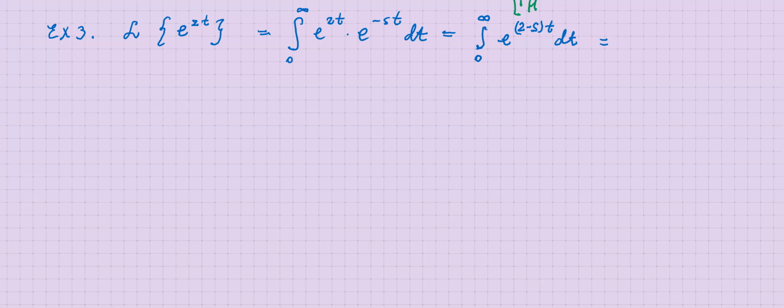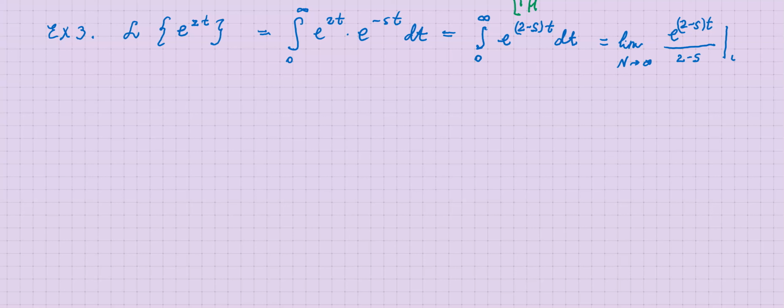Now I think we are ready to do the limit, so I'm going to put the limit as n approaches infinity. And what is the integral of this expression? It's e to the power of (2 minus s)t divided by 2 minus s. If we differentiate this, 2 minus s is going to be a constant sitting in front, so we need to compensate for it.